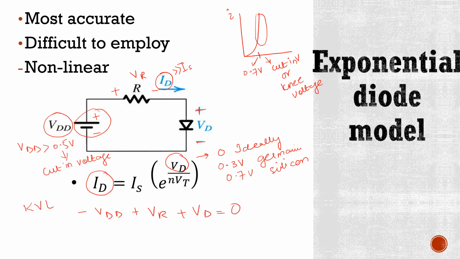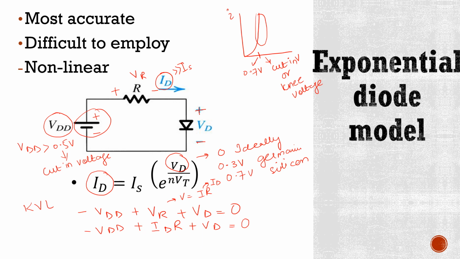Now we know that this VR can be written as IR, because we know that V is equal to IR. Here this I is ID and R is R, plus VD is equal to 0.